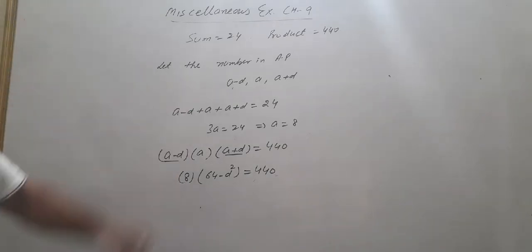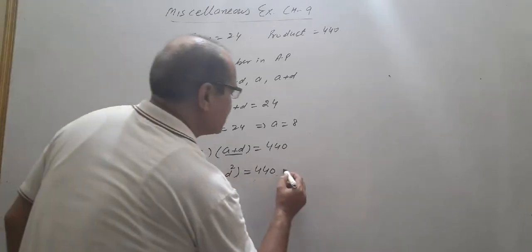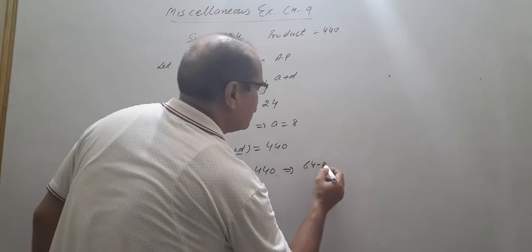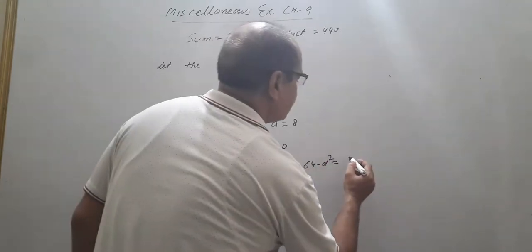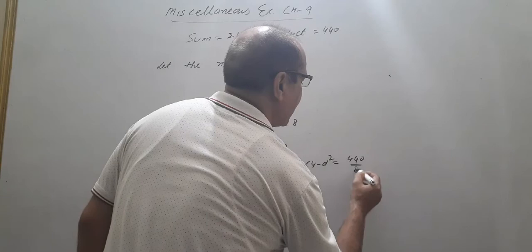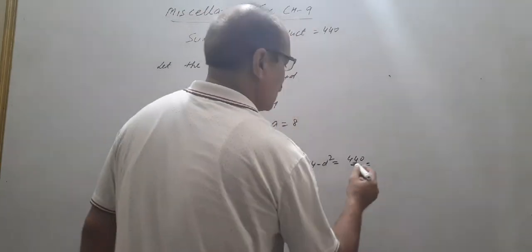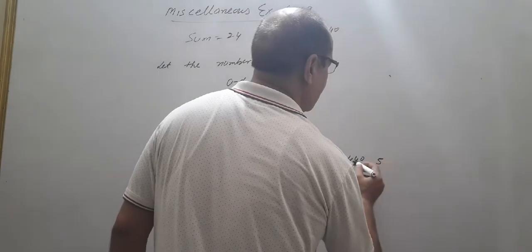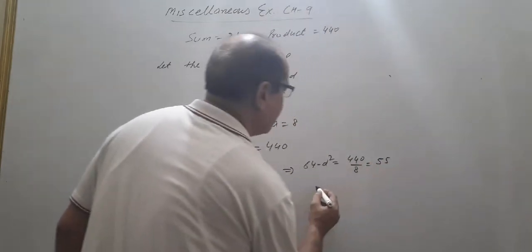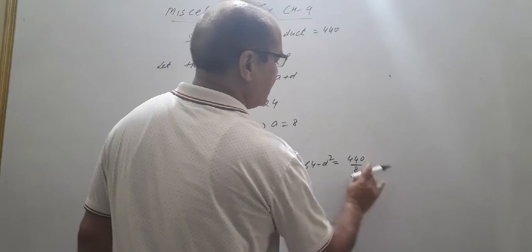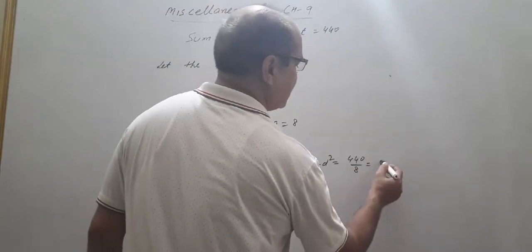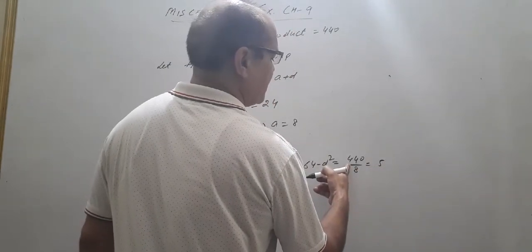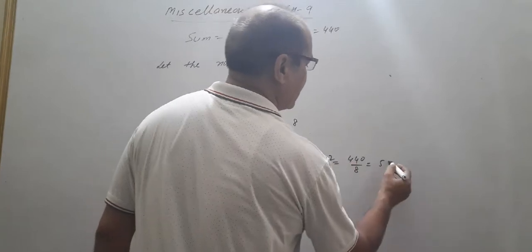Now this can be written as 64 minus d square becomes 440 by 8. Dividing this, 8 times 5 is 40, and again 40, so 55.